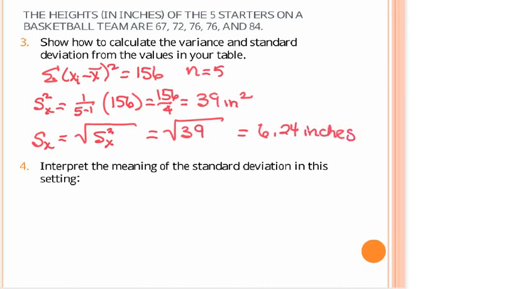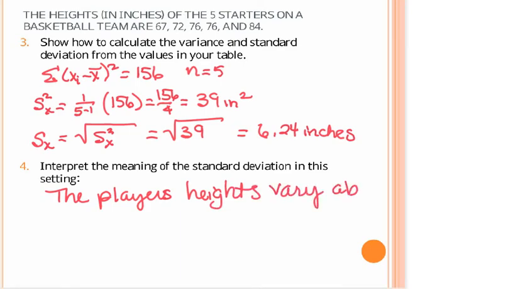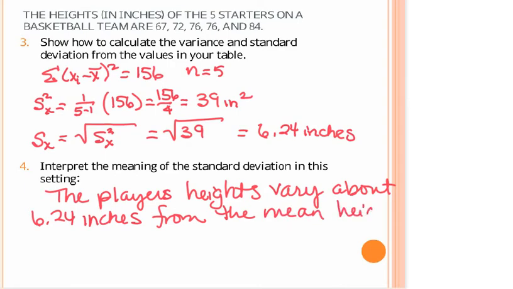Now we're back into our normal units. So the standard deviation, the average distance each number is from the mean, is 6.24 inches. So how can we interpret this? The players' heights vary about 6.24 inches from the mean height of 75 inches on average.